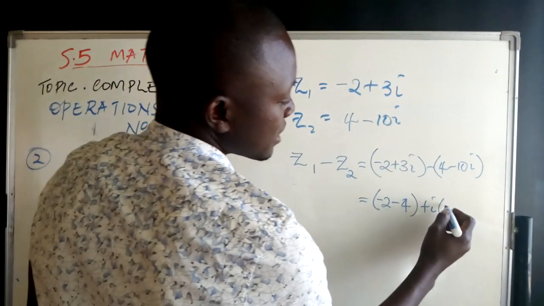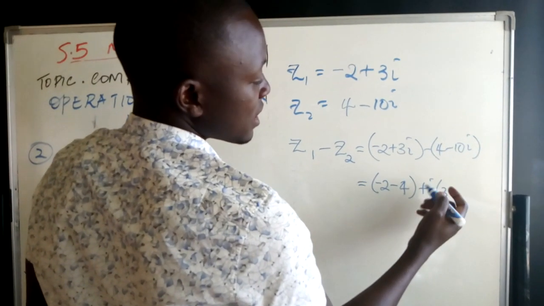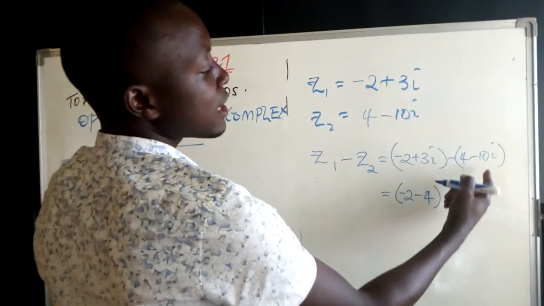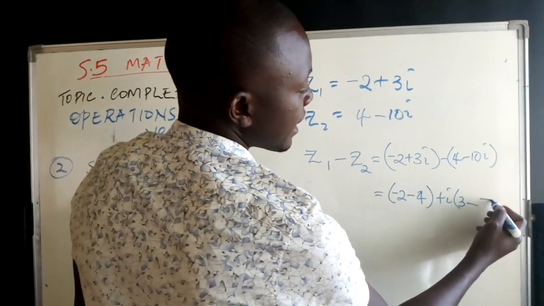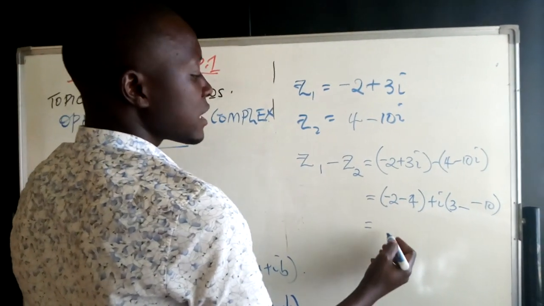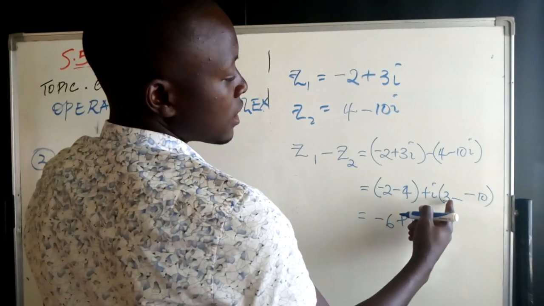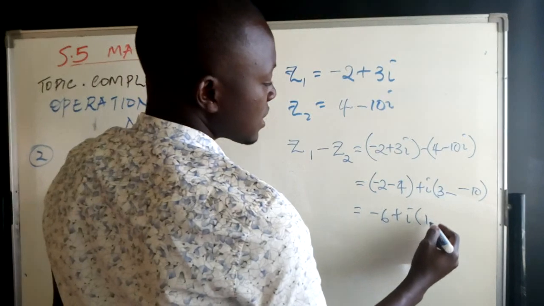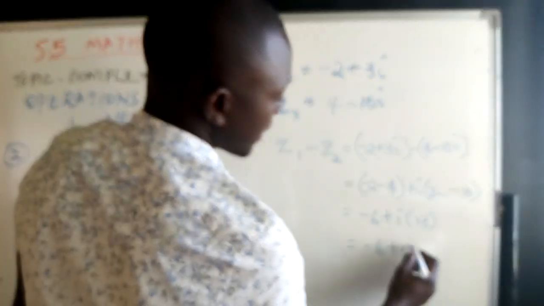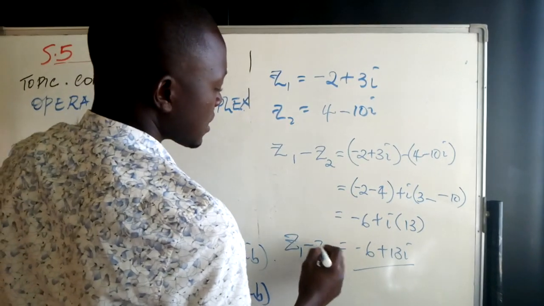Here the imaginary part is 3, minus the imaginary part of the second one, which is negative 10. This gives negative 2 minus 4, which is negative 6, plus i times 3 minus negative 10, which gives 13. So we have negative 6 plus 13i. This becomes the result of z1 minus z2.